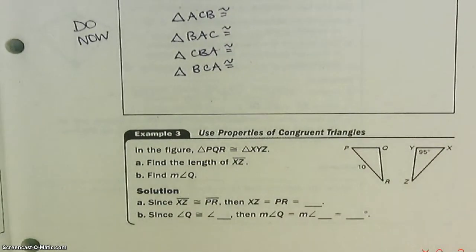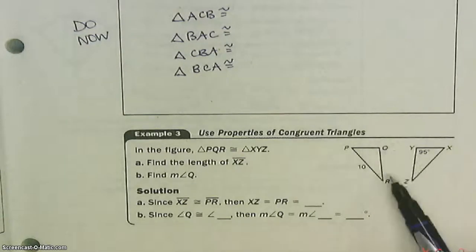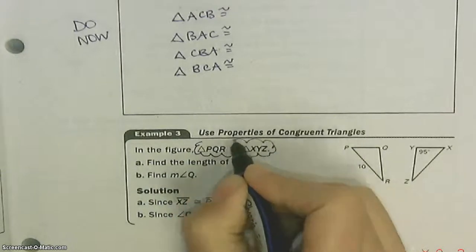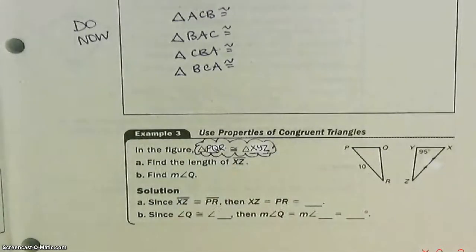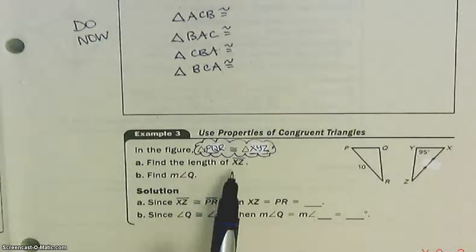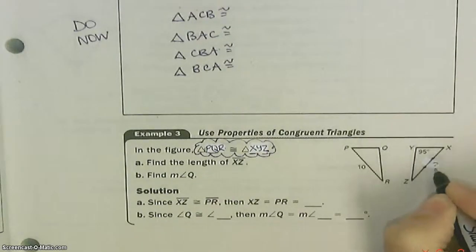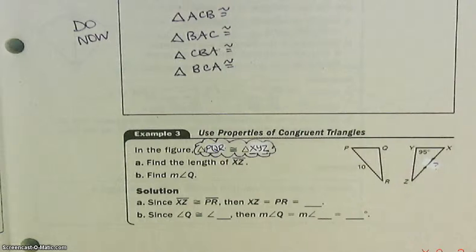Use properties of congruent triangles. In the figure, triangle PQR is congruent to triangle XYZ. All right, this is the important statement. This tells us everything we need to know. So we have to find the length of XZ. Well, here's XZ. Let's put a question mark here. This is what we're looking for. We need to find out, well, what's the same as XZ?